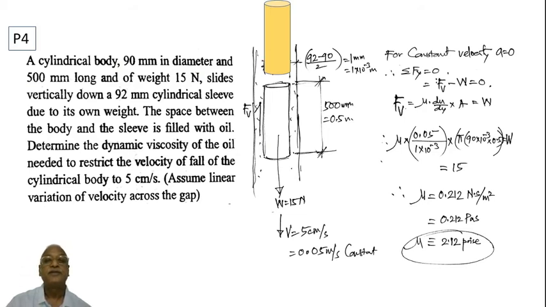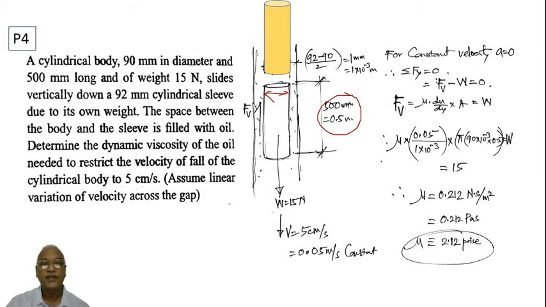So diameter in the sense here, this one. It is written over here, but it's hiding behind the object anyway. This is 90, and 500 is this way. This is shown as 500 millimeter, converted to meters, and of weight 15 newtons.